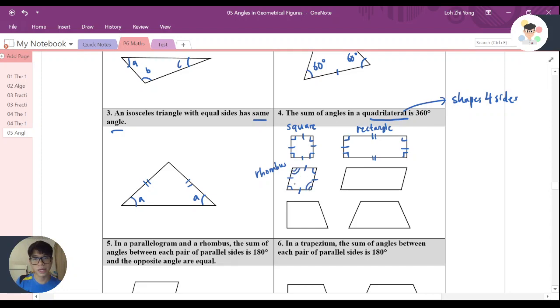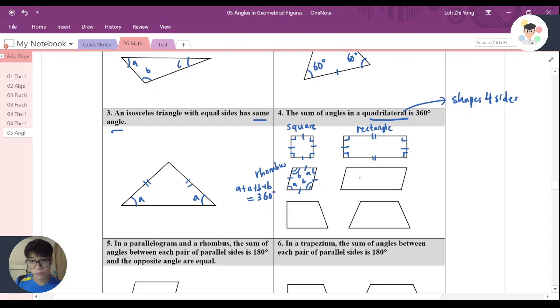But example, if this is A, this is B, okay? And this will be A, this will be B. And the things to take note is that A plus A plus B plus B is 360 degree, okay?